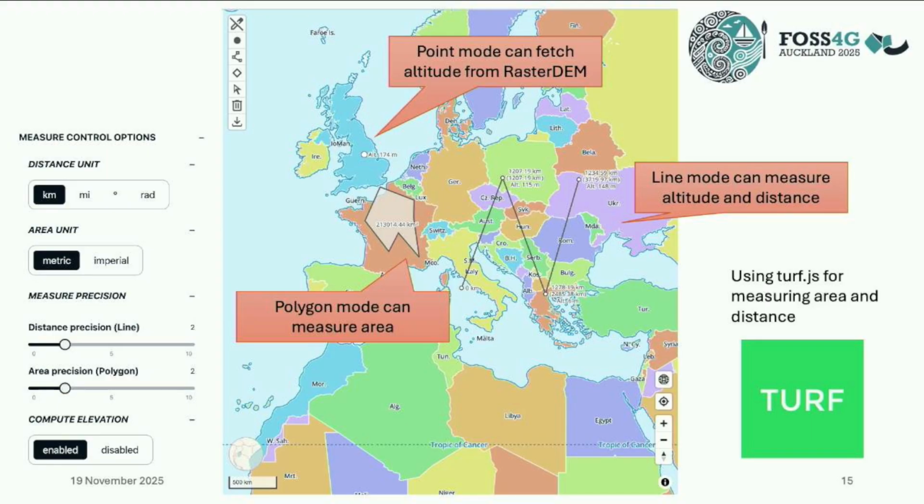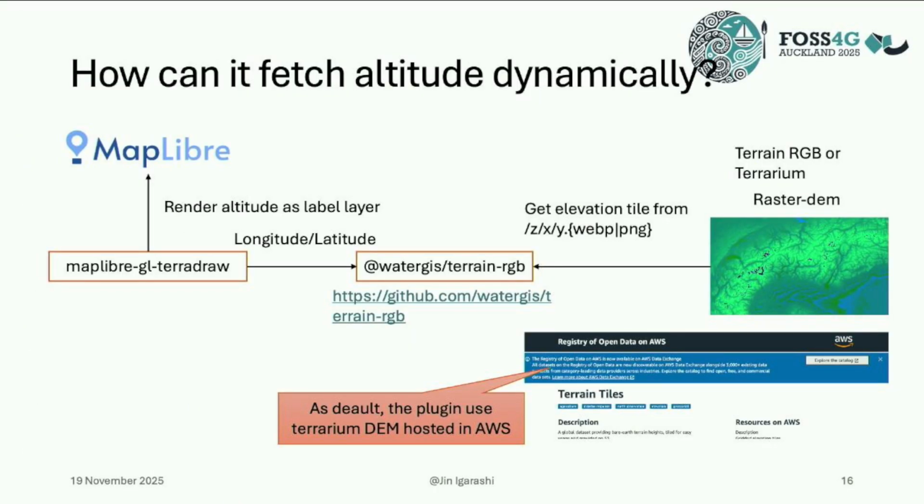In the backend, it uses Turf.js to measure distance and area. For the elevation, by default it uses raster DEM data from AWS to get the elevation for the point.